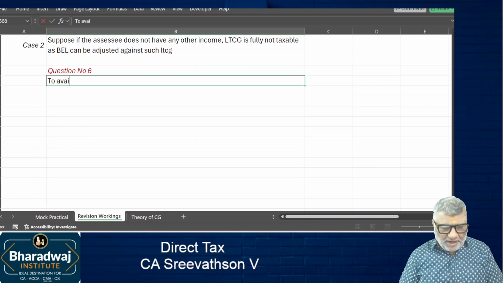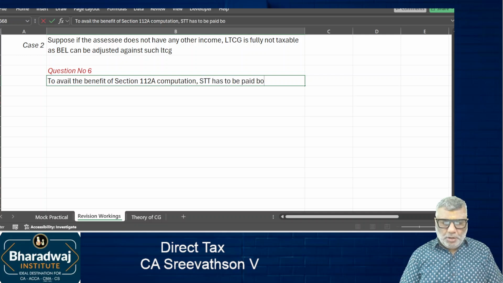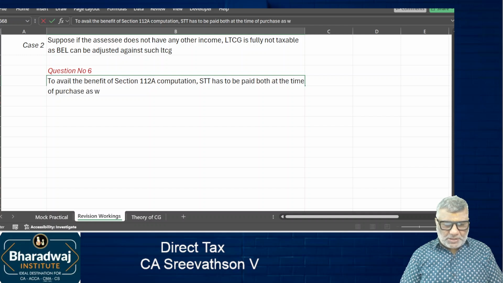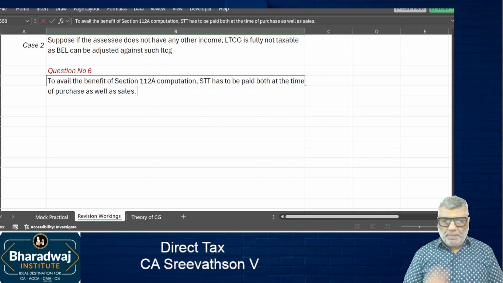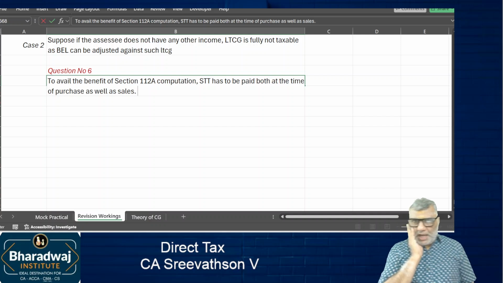To avail the benefit of section 112A computation, STT has to be paid both at the time of purchase as well as sales. STT has to be paid both at the time of acquisition as well as sale.